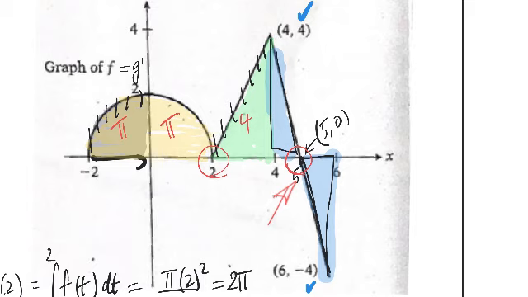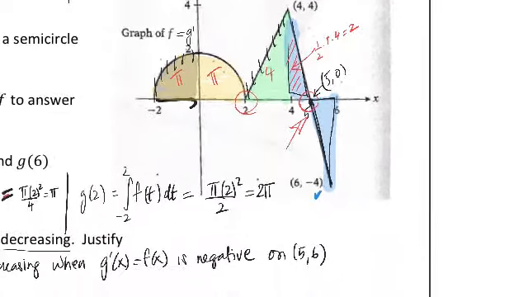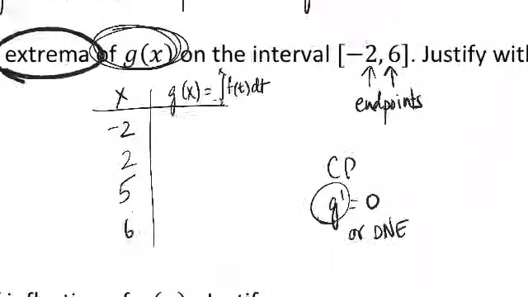Because the area is going to be 2 pi plus 4 plus this area of this blue triangle here, which is 1/2 of 1 times 4, so it'll be 2, right? So I'll have an area of 6 plus 2 pi when I get to 5, and then after that it's going to go down, right? So I already know the answer. The answer is going to be 5. I just have to show that here, right?